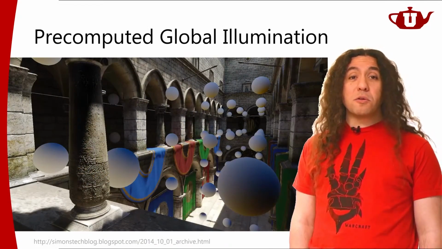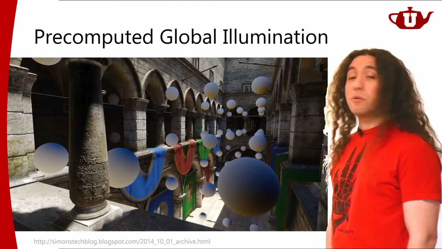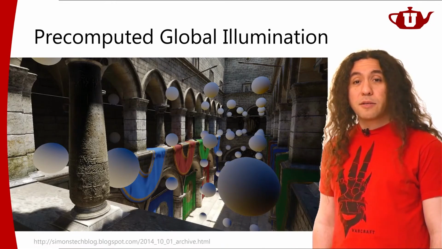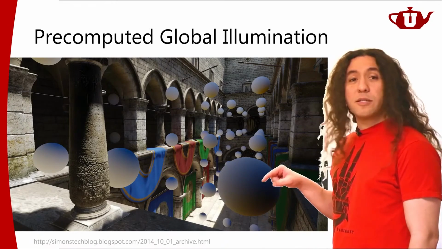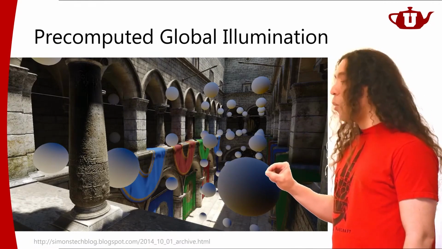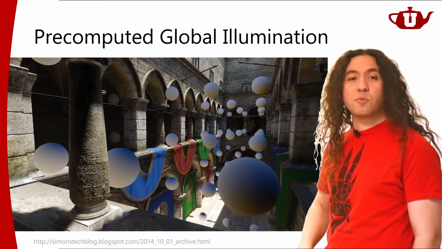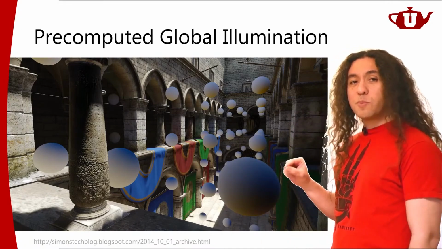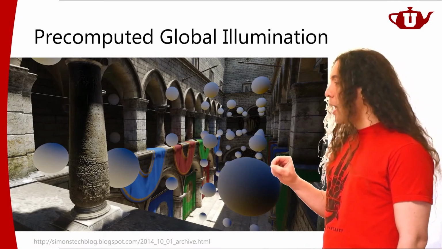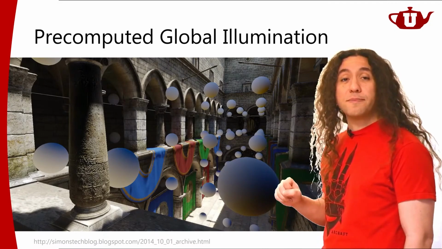One thing you can do, a very common trick, is to pre-compute your global illumination. In this example, it's showing some spheres. Think about them as points in space where these spheres are placed regularly. And at these points in space, I am computing the incoming illumination.